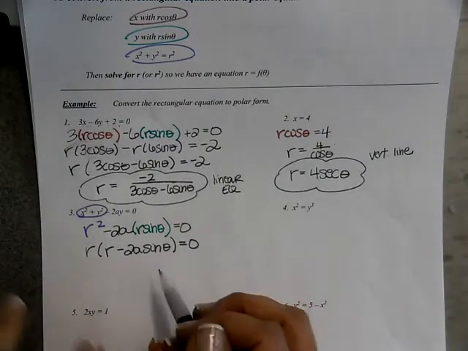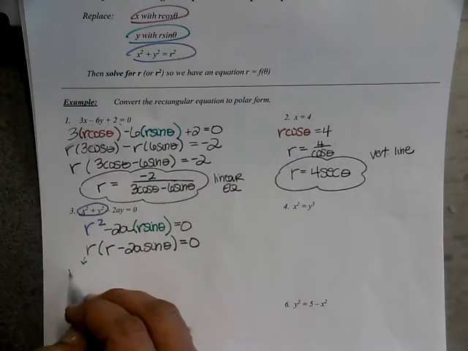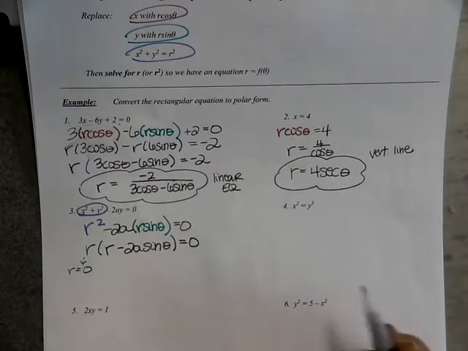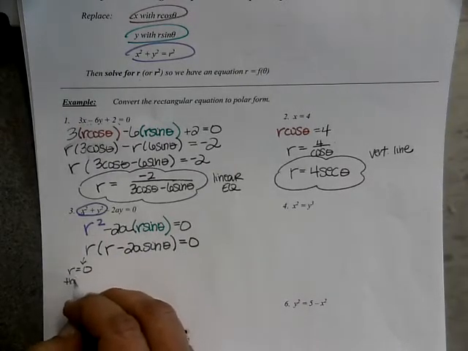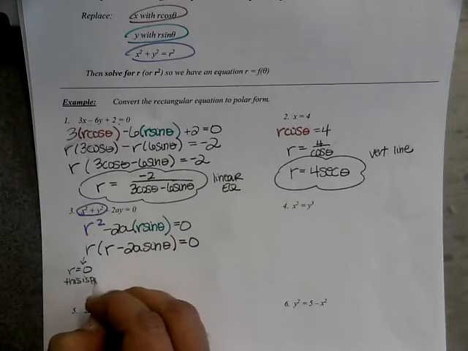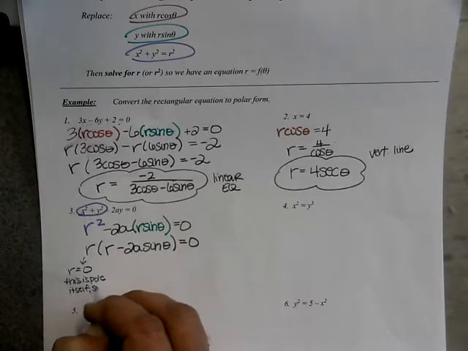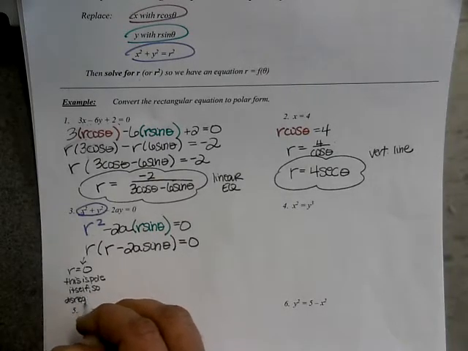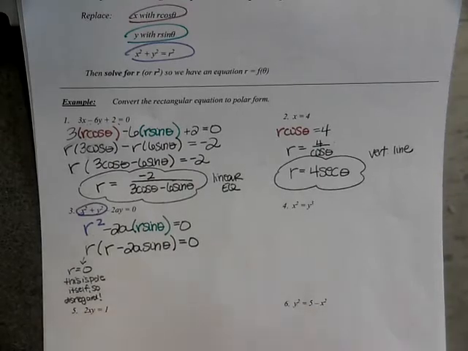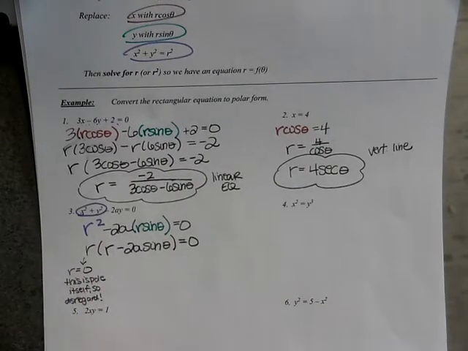So now technically our goal we said was to solve for r. So one of these would be that r equals 0, but remember r equals 0, what this would be is the pole itself. So we just disregard that. Okay, so if we get something like r equals 0, let's just forget about it, all right?